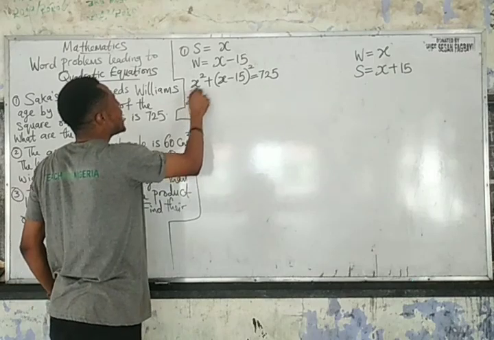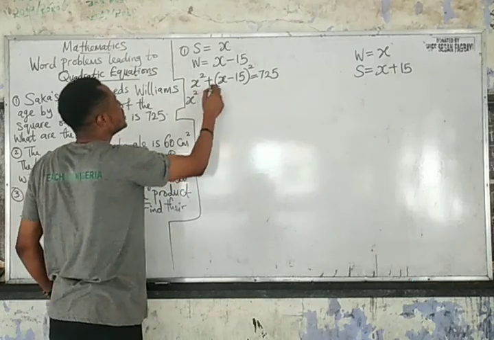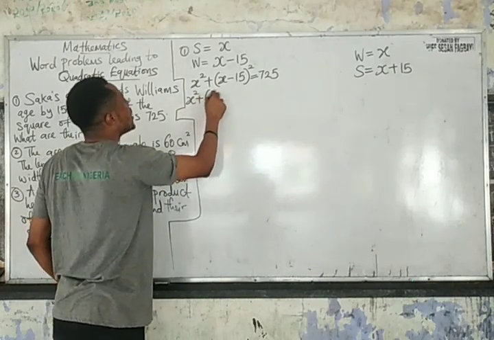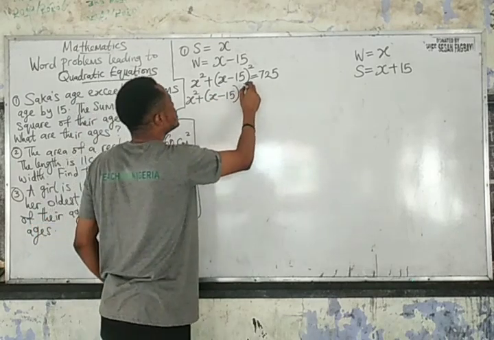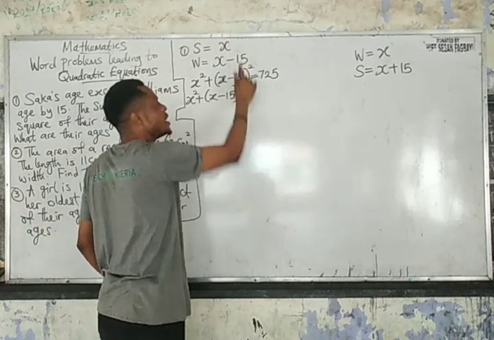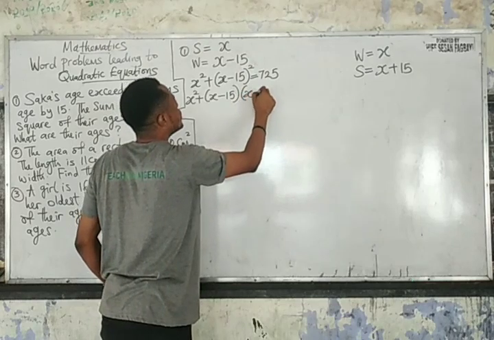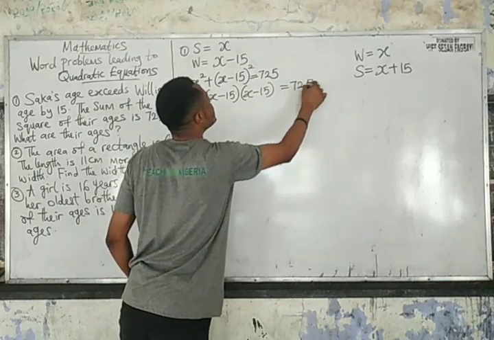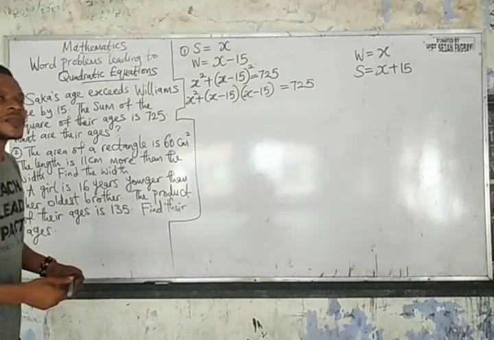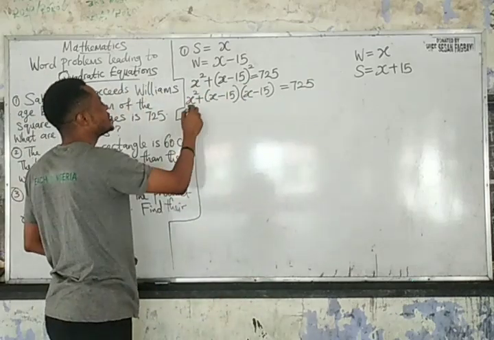This is already x, already established. Now we have plus x minus 15. Likewise, the second one, because it is squared, x minus 15. All will give us 725.